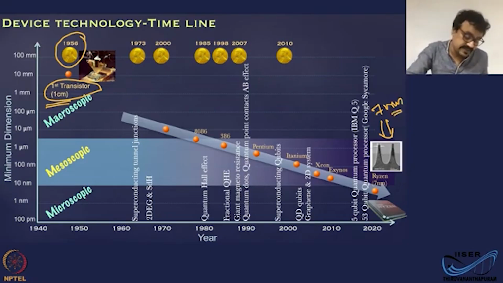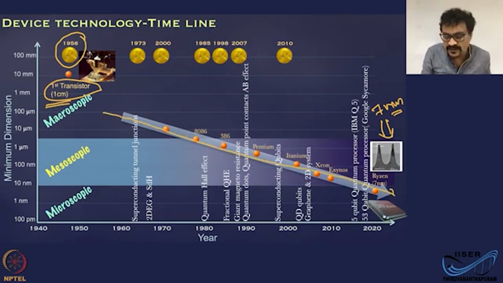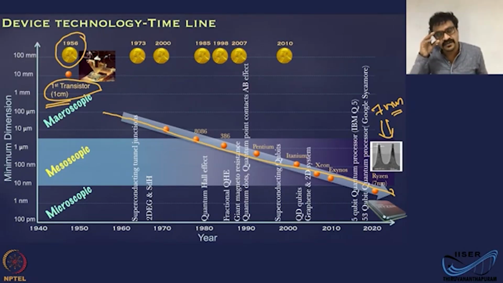Now we started from 1 centimeter and reached 7 nanometer in a span of approximately 70 years. It's a huge size reduction revolution. That is what we are seeing over these years.